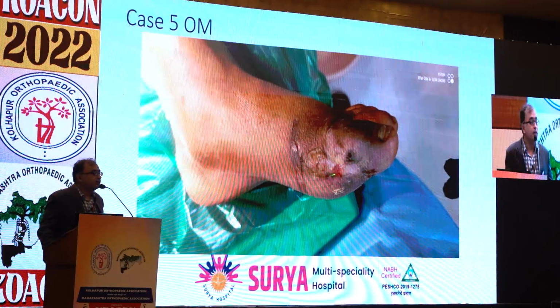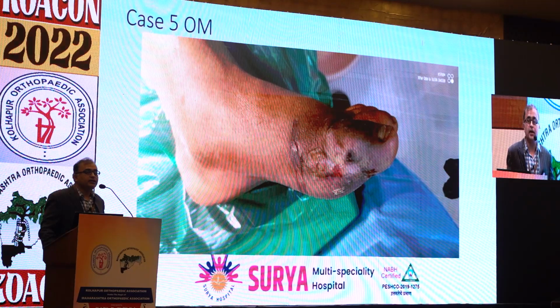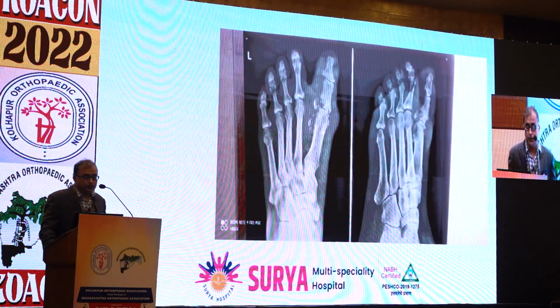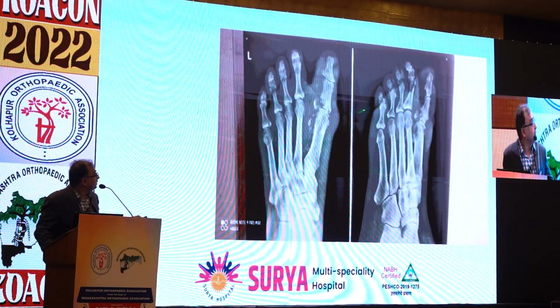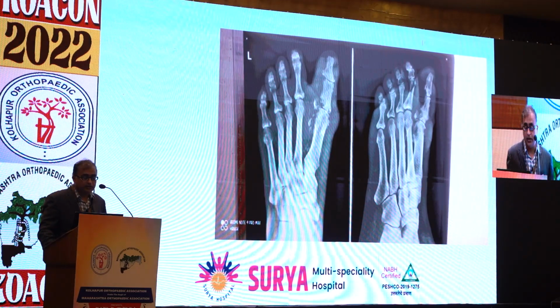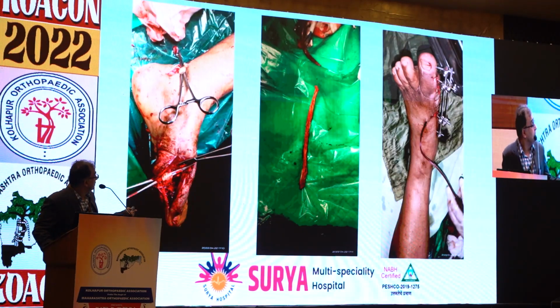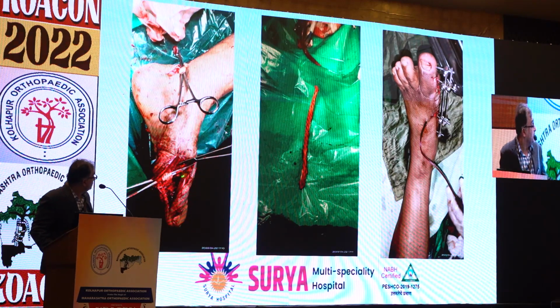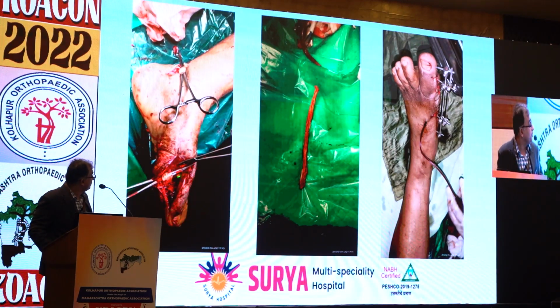A patient presented with a non-healing wound on the medial side, debrided 4 to 5 times at different centers, and came to me. The X-ray showed nothing. It is difficult to diagnose. Classical osteomyelitis, this is the most common area of osteomyelitis in diabetic feet: first metatarsophalangeal joint osteomyelitis. The infected area was removed, including the sesamoid bones.